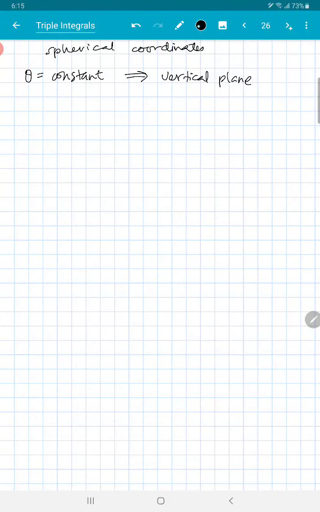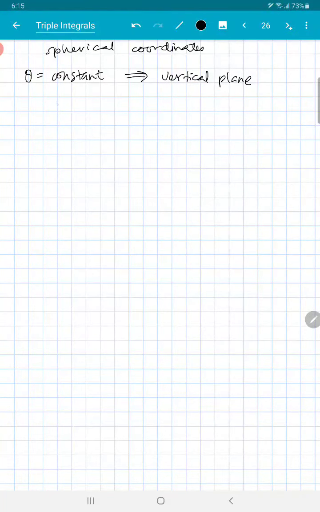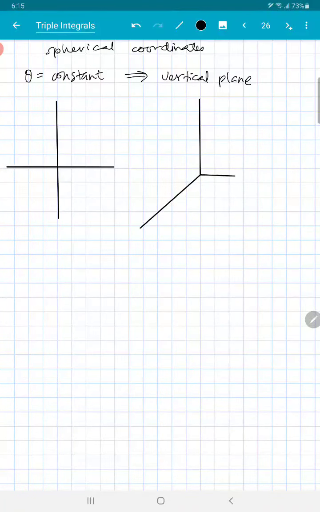So for example, this is the xy plane, and here we have xyz space. This is the x-axis, y-axis, and z-axis.